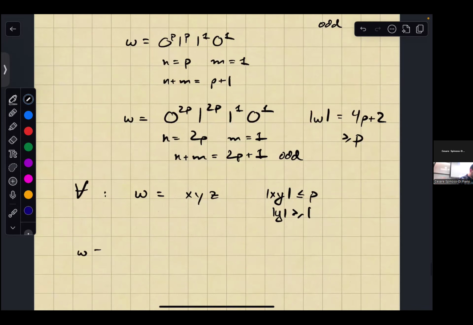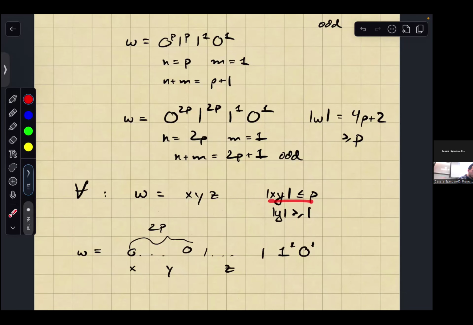Because W is a bunch of zeros, and then a bunch of ones, and then an extra 1, and then an extra 0, and I have 2p zeros. And because the decomposition is x, y, z, where the length of xy is at most p, then xy is at most here. Maybe this is the middle of 0 power 2p, so maybe this is where I get to p.